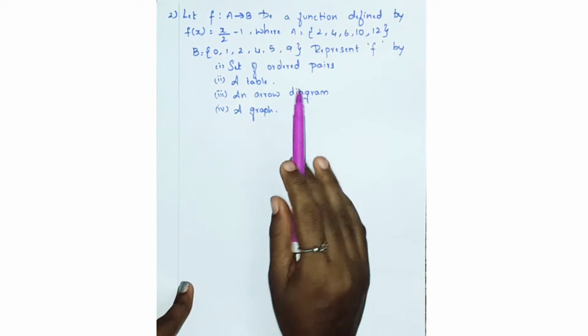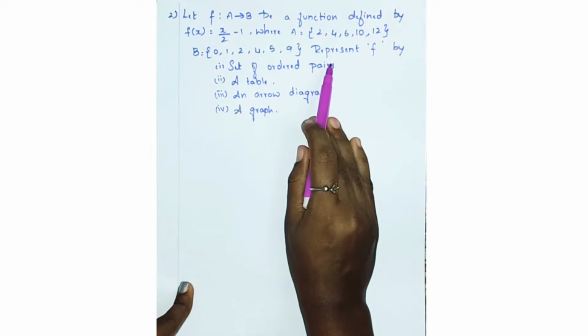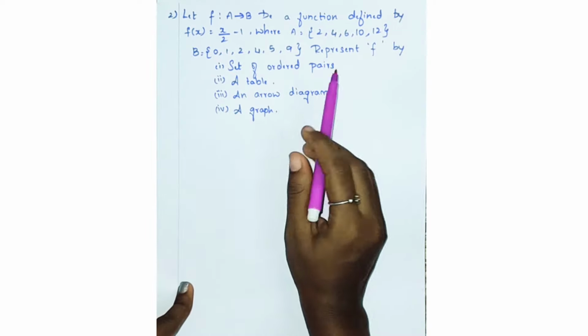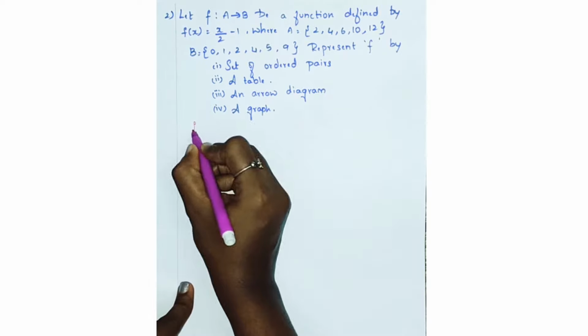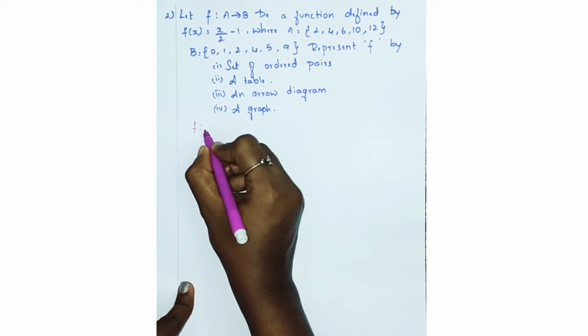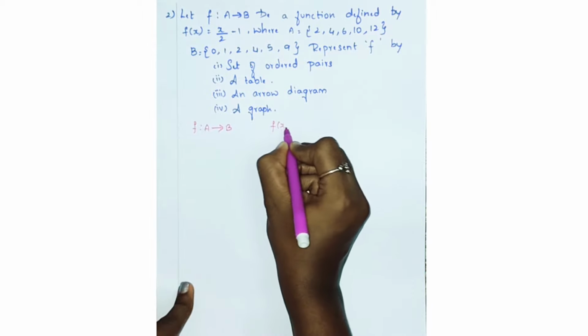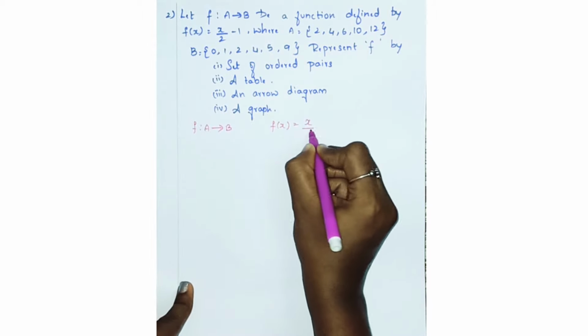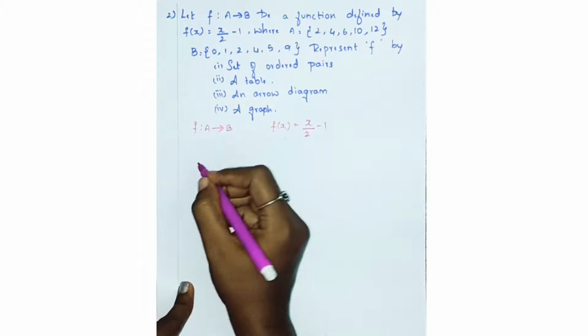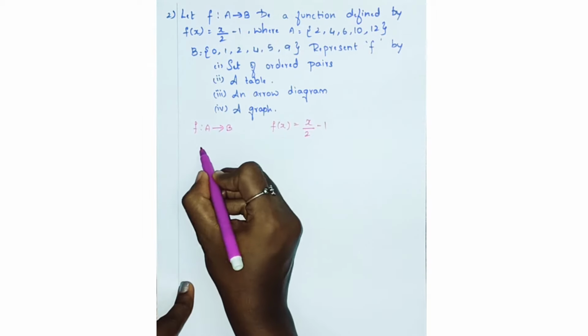So first we'll start off with the set of ordered pairs. Before that, the function they have given is a function from A to B. So f(x) is what? x divided by 2 minus 1. So what you have to do, take a value.